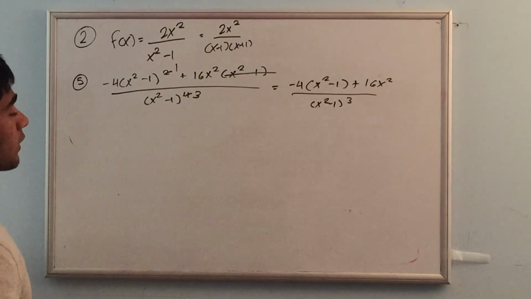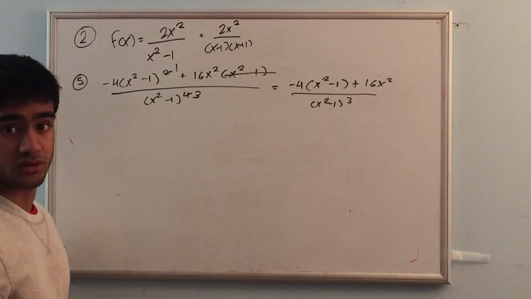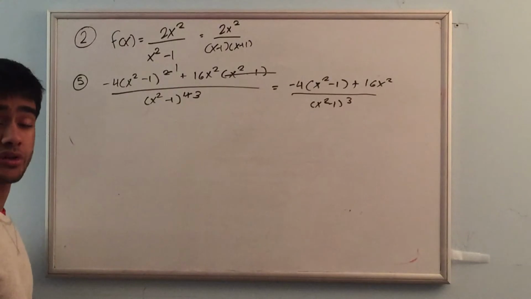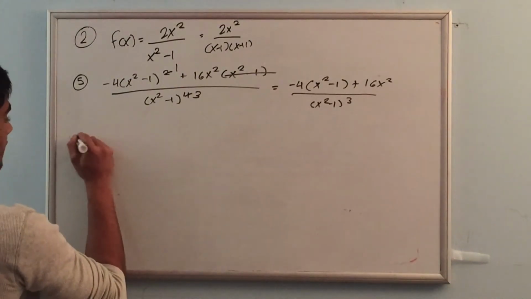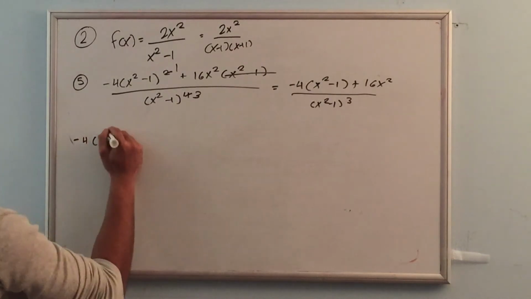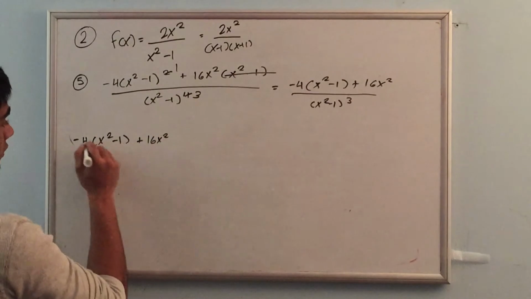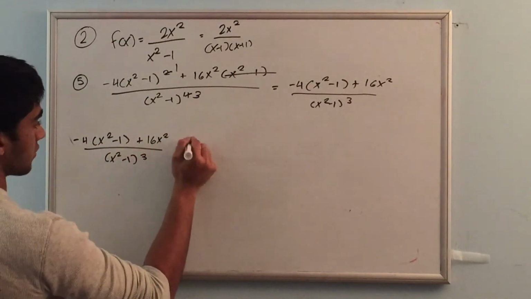And remember, we want to find the x coordinates at which the second derivative is equal to 0. So we need to set this equal to 0 so we can find our critical values, any POIs, and our intervals of concavity. So let's set negative 4 times (x squared minus 1) plus 16x squared over (x squared minus 1) to the third equal to 0.